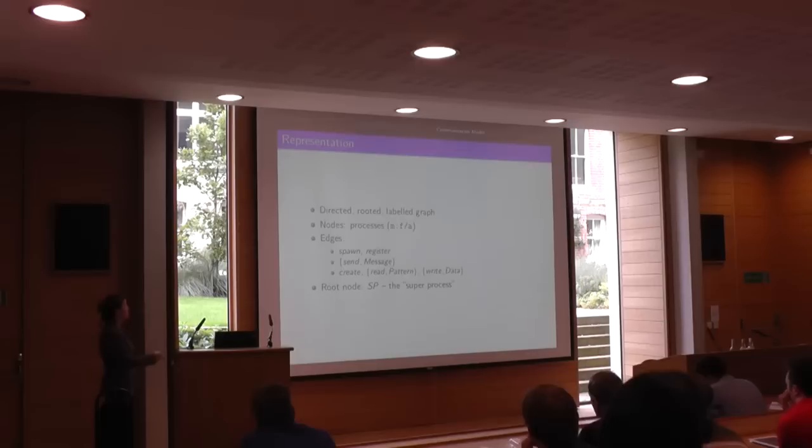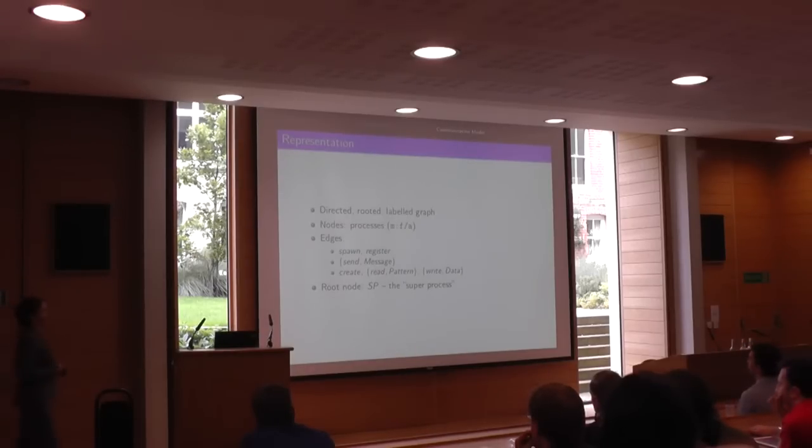And we have a special node called super process or something like that, because you can simply call a function from the Erlang VM, from the Erlang shell. And it's also a process, so we just have to note somehow that it exists. So this is the root of our graph. And those functions that don't belong to any process belong to the super process because they can be called from the Erlang VM.